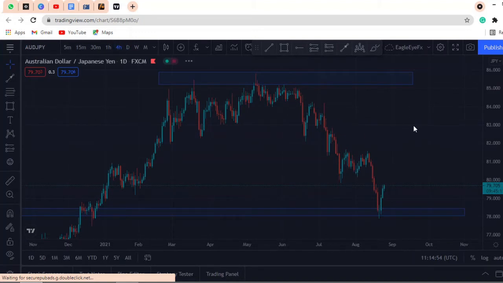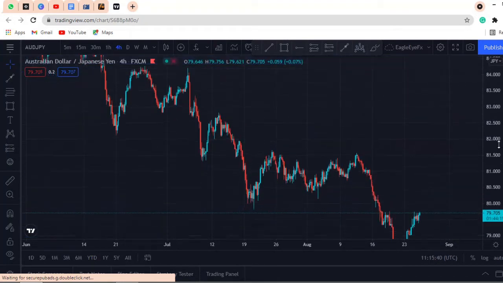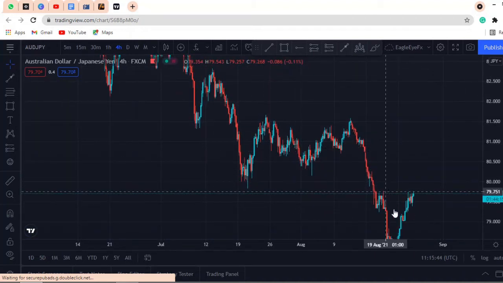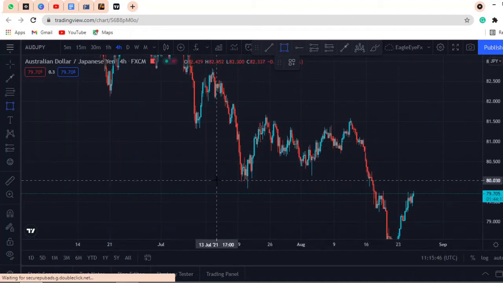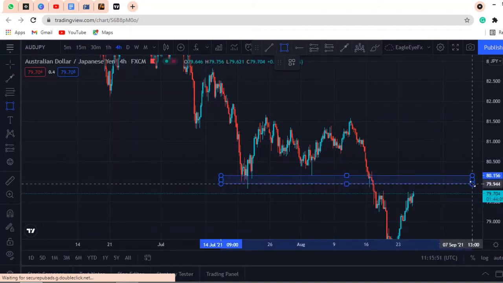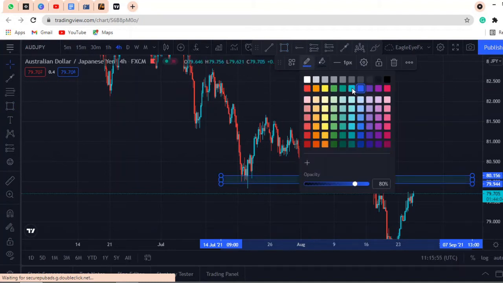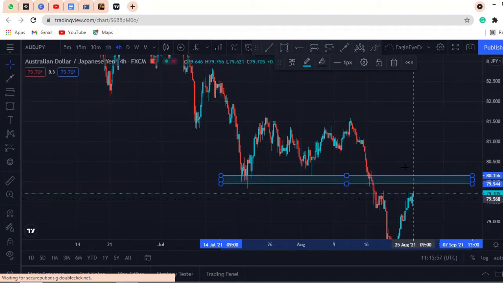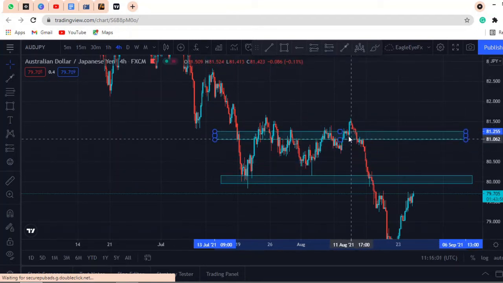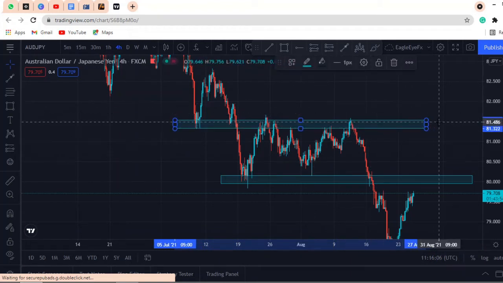Okay, so let's go down to the 4-hour time frame and see if there is something that we can catch here. So we are on the 4-hour time frame, and I see something here. This place acted as support before. Okay, so let me change the color so that it's not confusing. All right, and if I clone that, then I can put another one here like that.